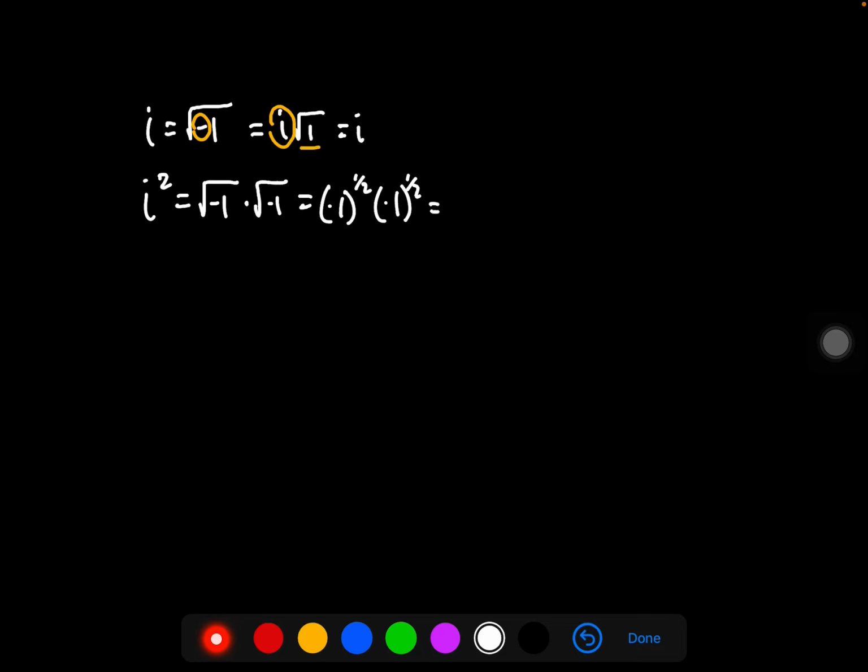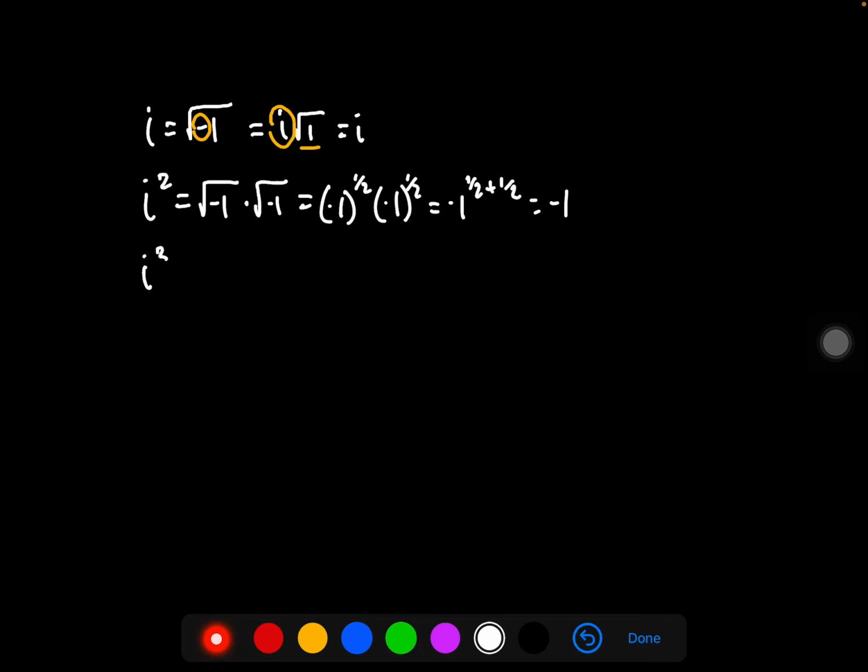And when we multiply like bases, we just add the exponents. So this is -1 raised to the power of 1/2 plus 1/2, or -1. Any square root times itself is that number inside the square root sign.